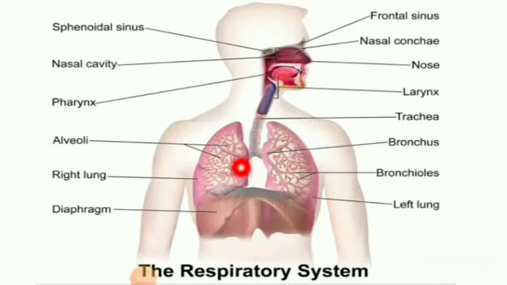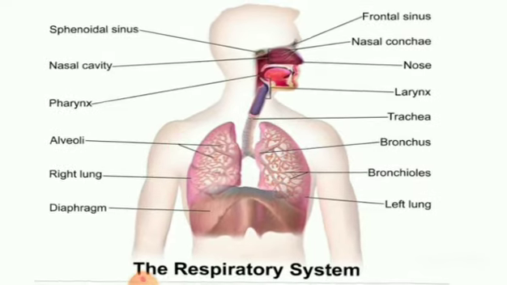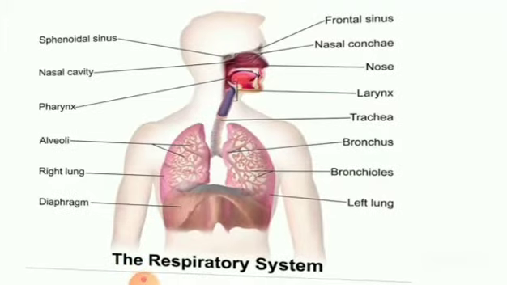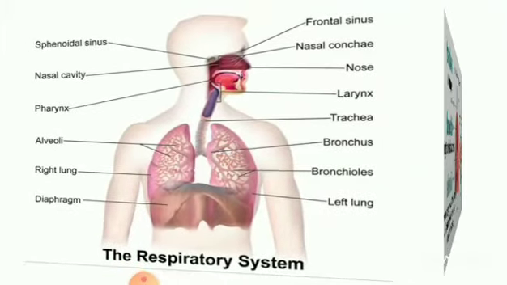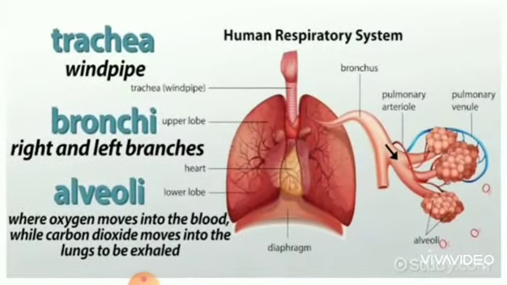Next, the respiratory system. Which are the organs that form this system? Nose, pharynx, trachea, alveoli, lungs, diaphragm. These are the organs that form the respiratory system. Our respiratory system consists of organs like trachea, bronchi, alveoli.